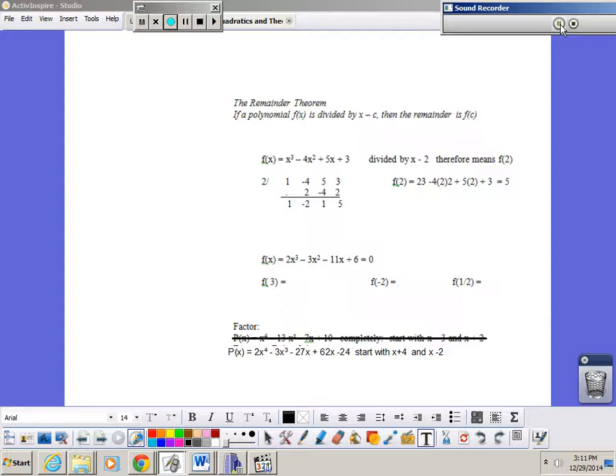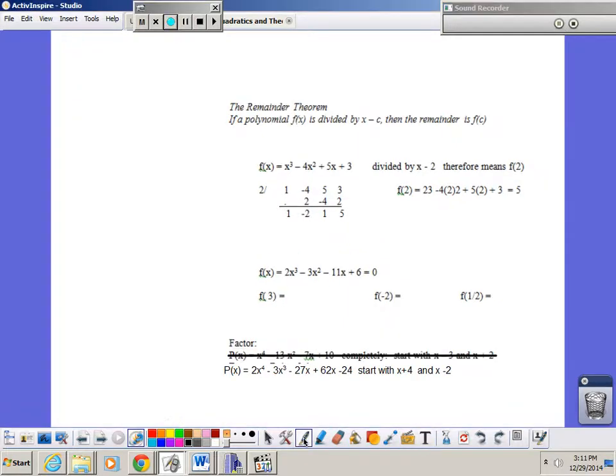I'm telling you now, since I went back and redid it, x equal to negative 4 should be a root, and x equals 2 should be a root. So I'm going to do a synthetic division using 2, negative 3, negative 27, 62, negative 24, and I'm going to start with negative 4. Bring down, multiply, put up. Negative 11.